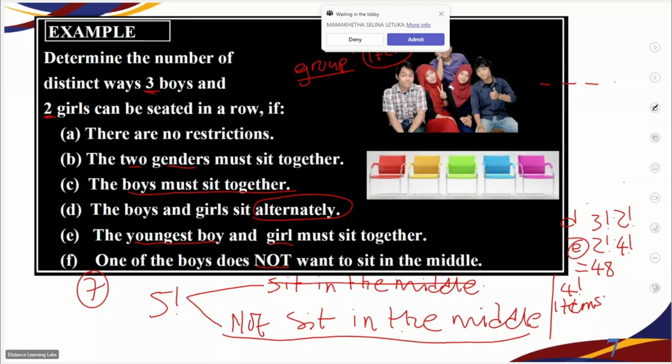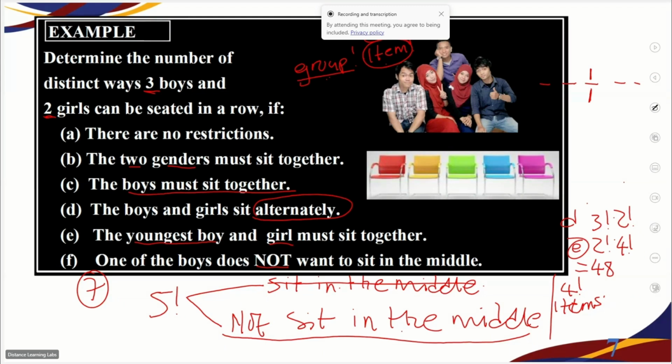We have 5 learners there. We want to subtract the chances of the boy sitting in the middle. That means here we have 1 boy that sits there. Meaning here would be just 1, because there's this 1 boy that does not want to sit in the middle. We can even give the boy a name. We can say Thabo does not want to sit in the middle.